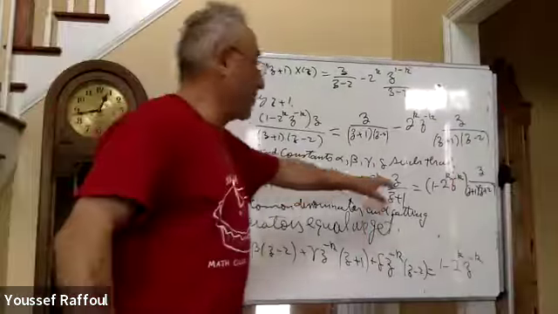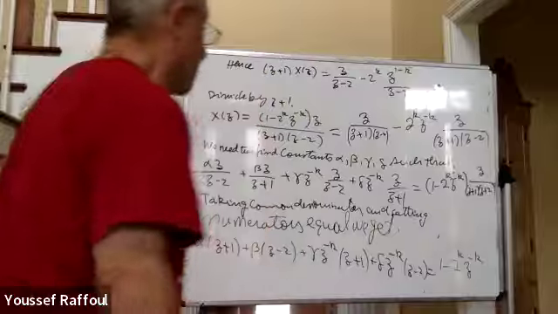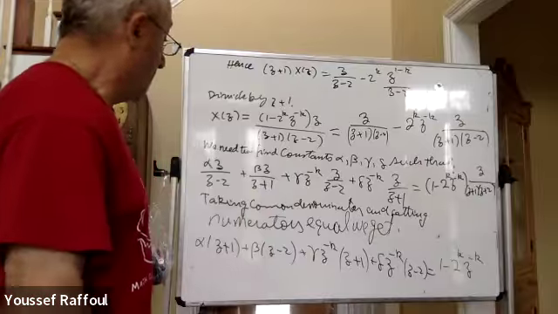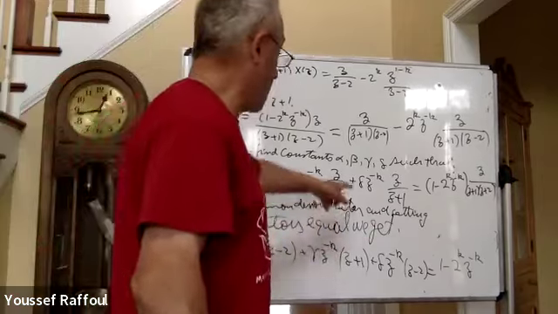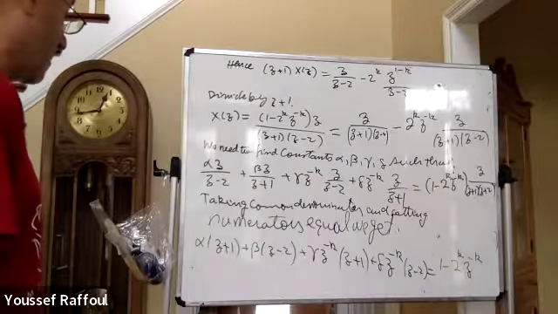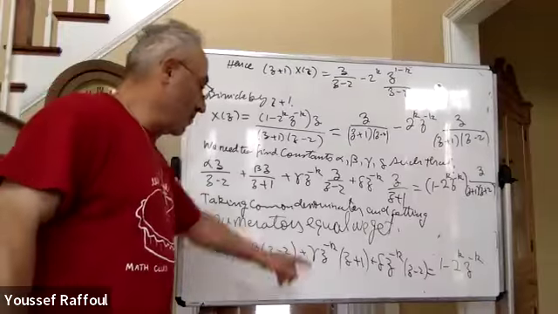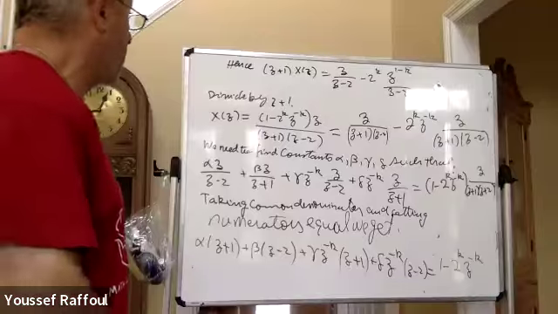So you take a common denominator, and the z that is common here will simplify. So we have alpha (z plus 1), plus beta (z minus 2), plus gamma z to the minus k times (z plus 1), because z plus 1 is missing, plus delta z to the minus k (z minus 2), equal to 1 minus 2 to the k z to the minus k. Now equate coefficients on both sides. The coefficient of z will be 0, the constant will be 1.